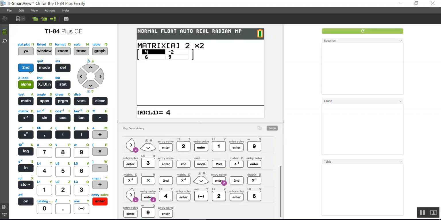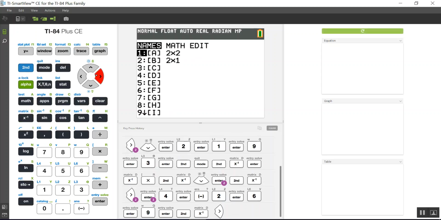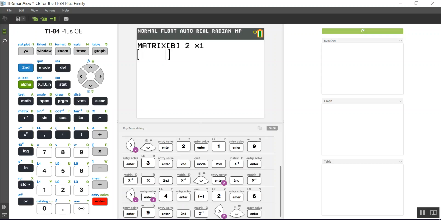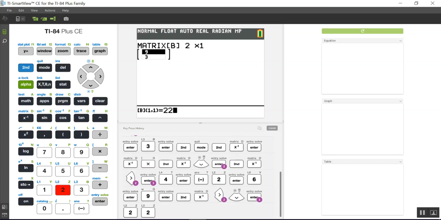Okay, now can I go right to matrix B? Yeah, let's go over and edit matrix B. That's my constant matrix, and I still need a 2 by 1, but the numbers in there were 22 and -3.